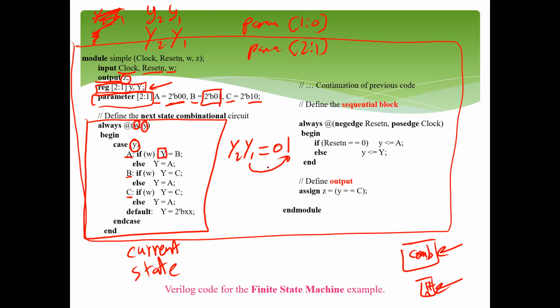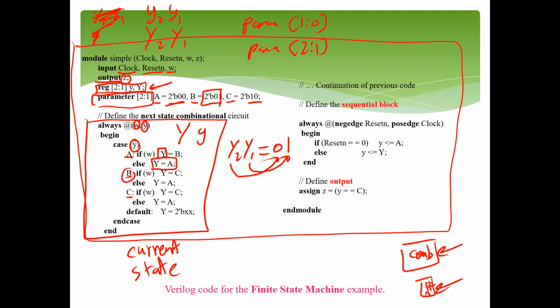So Y1 will be 1 and Y2 will be 0. You can write this directly from your state table. So if W equals 1, go to B. If W equals 0, stay at A. Okay. Remember, guys: next state, current state.